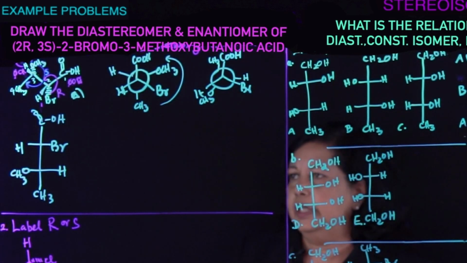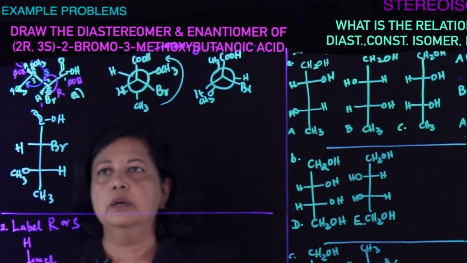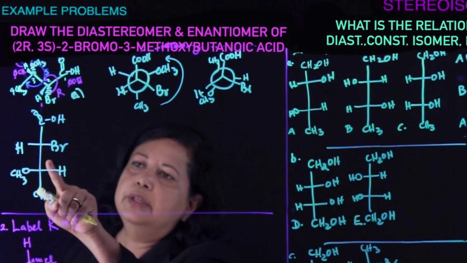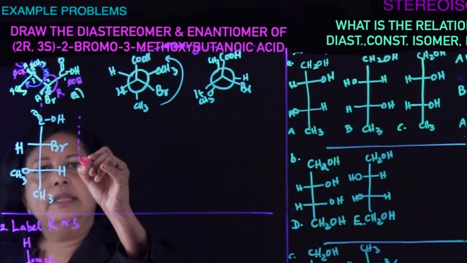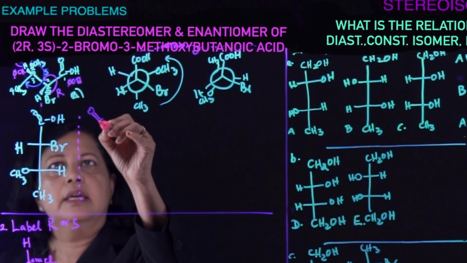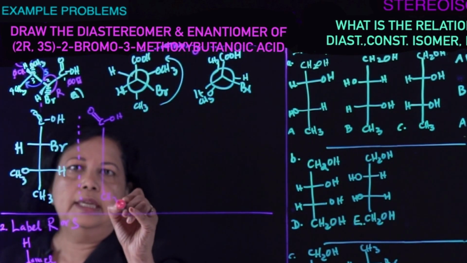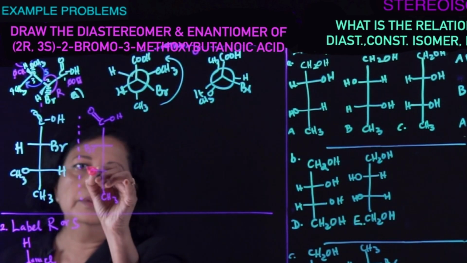Now that you've drawn this, it's a lot easier to go from here, because now we know the two possibilities are just flipping these. If you put a mirror right here, you would get a mirror image for this CH3. Whatever's closer to the mirror is going to be reflected closer to the mirror.